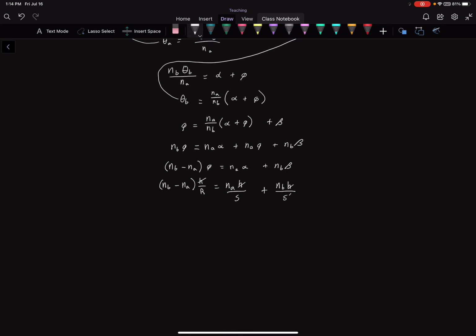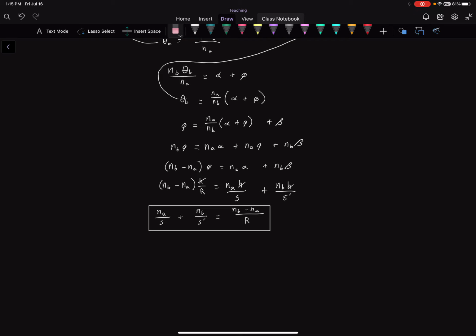And what you end up with, if I clean it up a little bit and put things on the side that we're familiar with, is NA over S plus NB over S prime is equal to NB minus NA over R. This is our final equation.